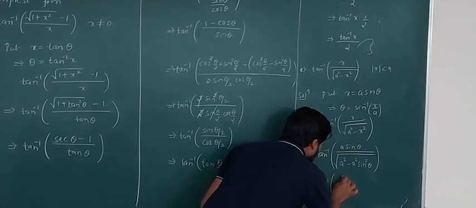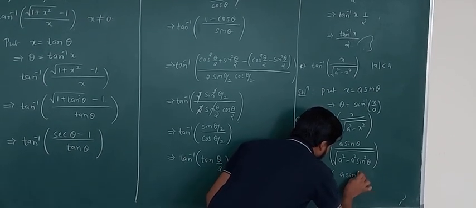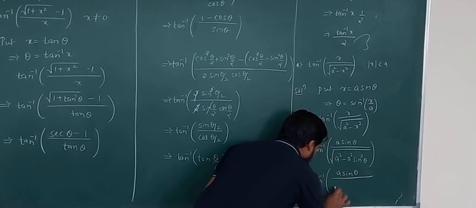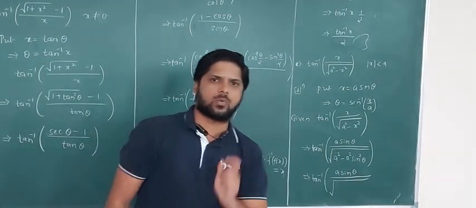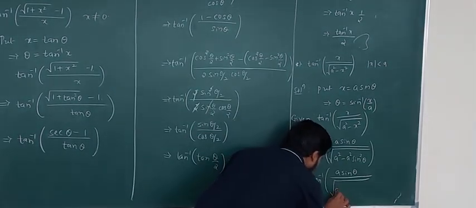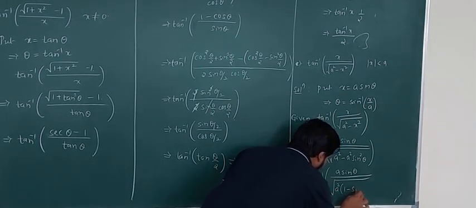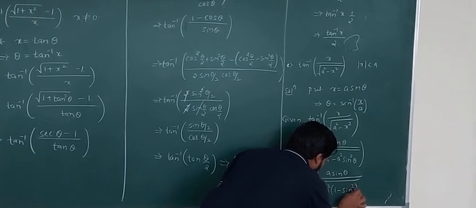In the denominator, under the root I will take a square outside, so a square into 1 minus sin square theta.